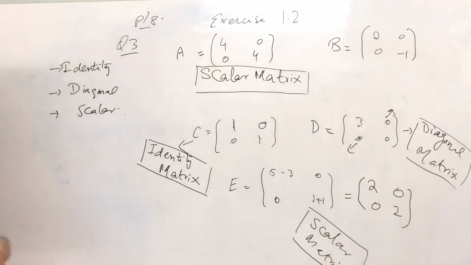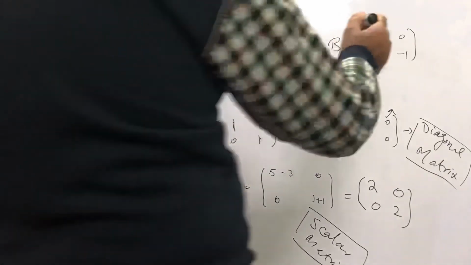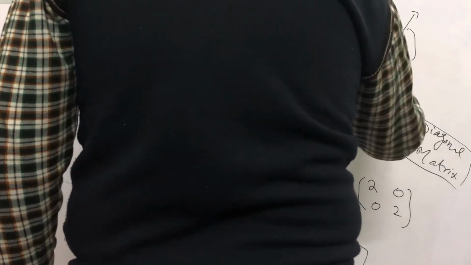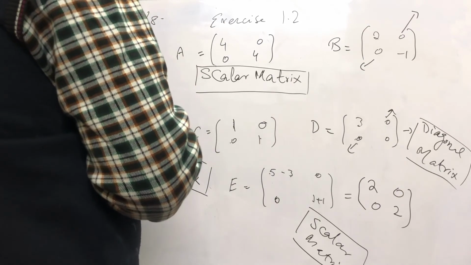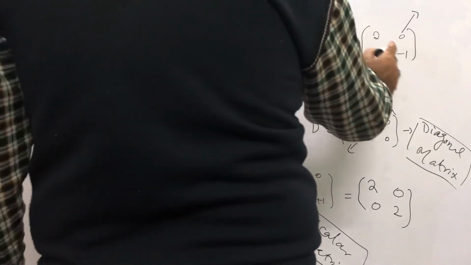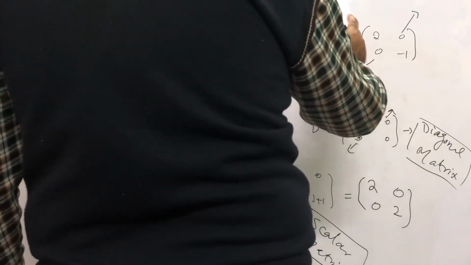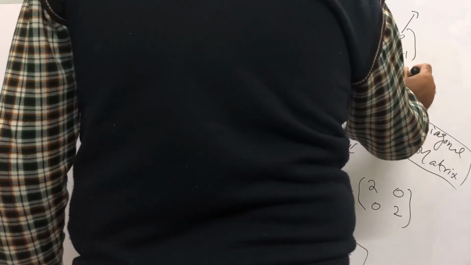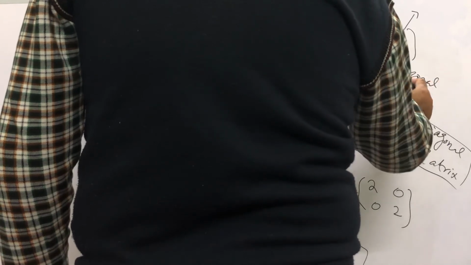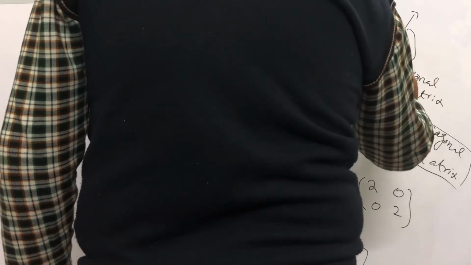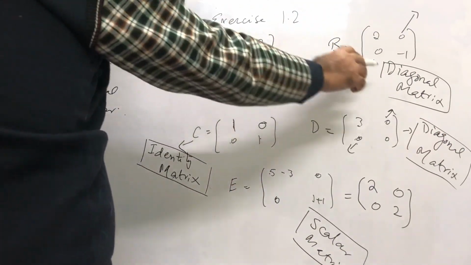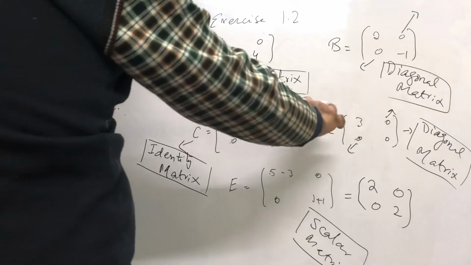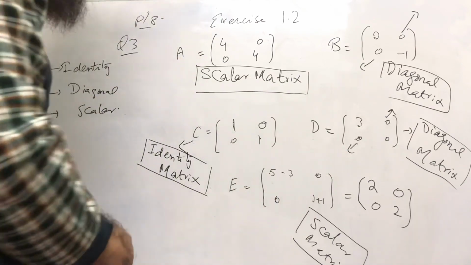Now we are left with B. In B we can see that the first thing is that non-diagonal entries are 0, non-diagonal elements are 0, and the diagonal entries are not 0. So this is also a diagonal matrix. So we have solved A, B, C, D and E. All the parts are solved.